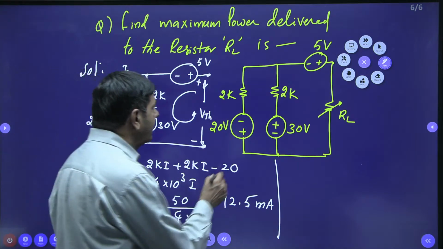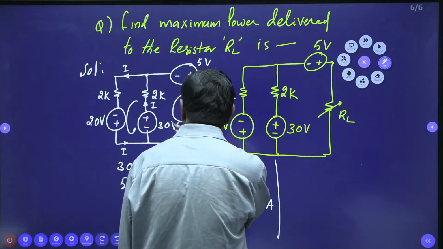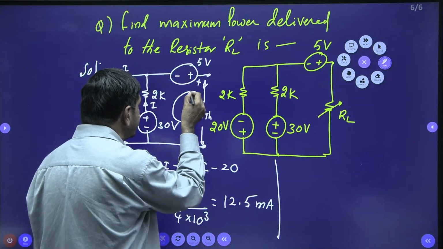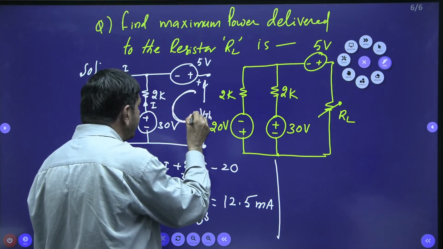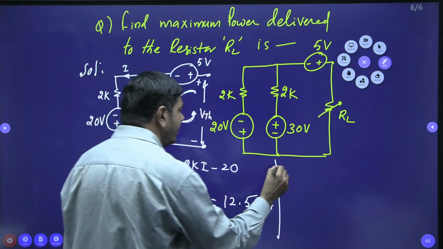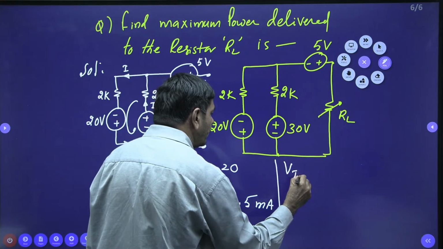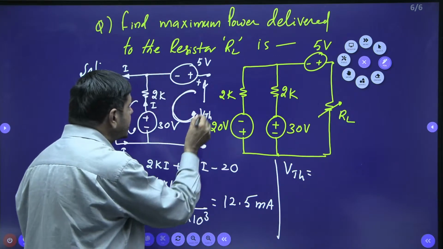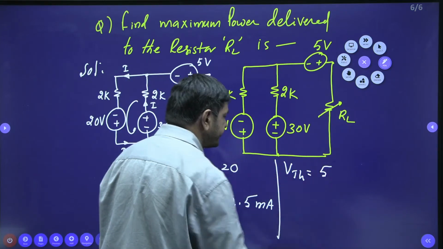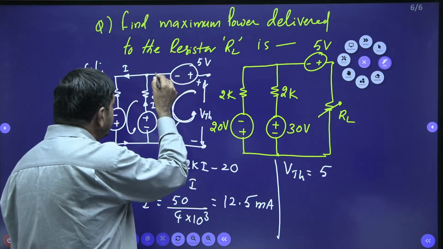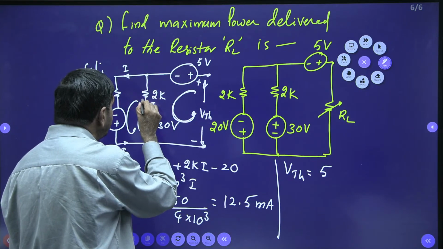Once you have got this current I, you can determine VTH. Just apply the KVL in this path again to find the VTH. I can write VTH equal to what? When I go this side, plus 5 volts I am getting here. When I go this side, some drop. This is a plus, this is a minus.